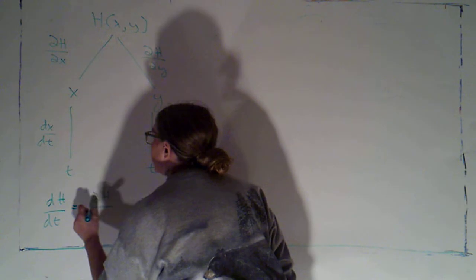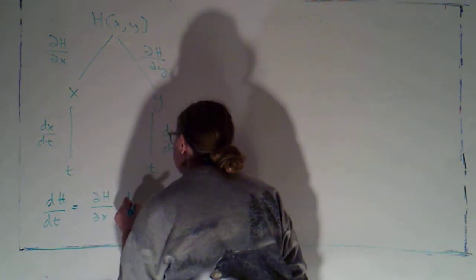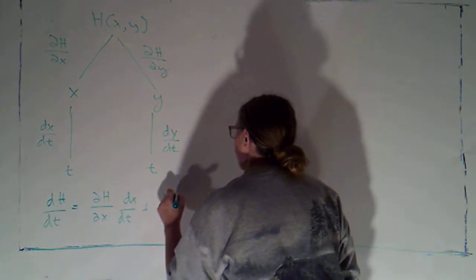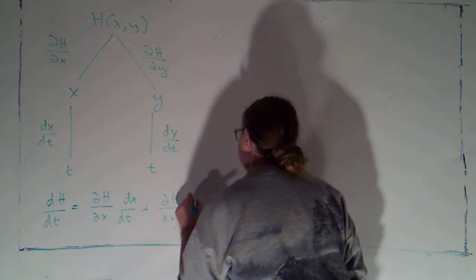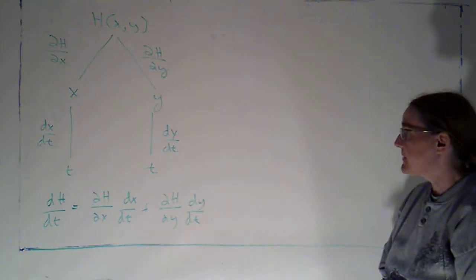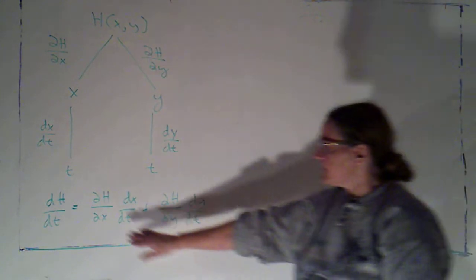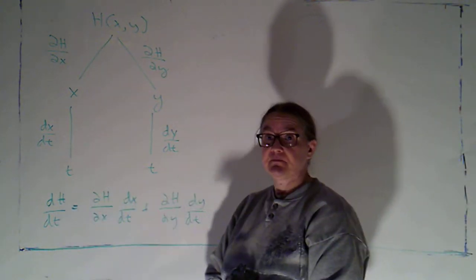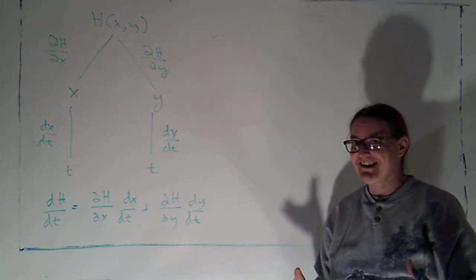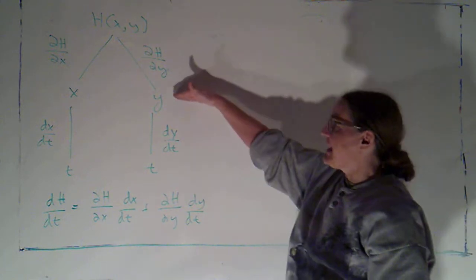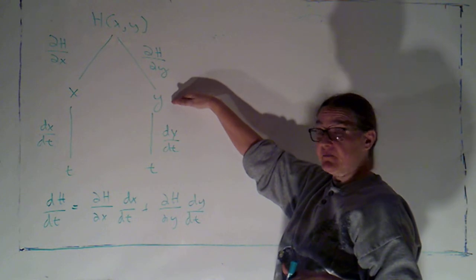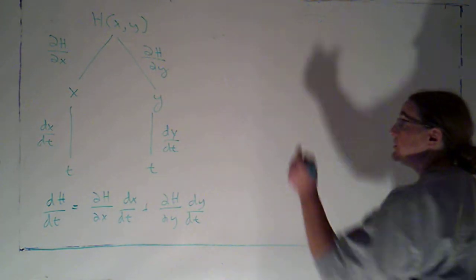So this is the partial of h with respect to x times dx by dt, plus the partial of h with respect to y times dy by dt. Okay. So that's a formula for the derivative of h with respect to t. Now, if h is a conserved quantity, and I plug in the x and y values for some solution to my system, then I know that this derivative would be 0.